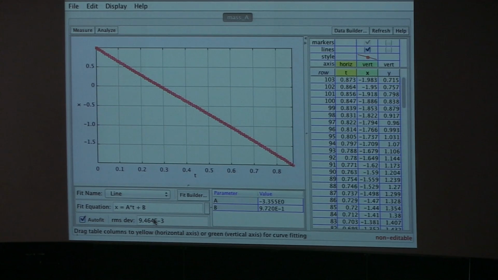So it is something like 1%, it deviates 1% from the perfect line. And we see that this is the x velocity. A is nothing but the component of velocity in the x direction, which is minus 3.35 meters per second. No, it should be this one.